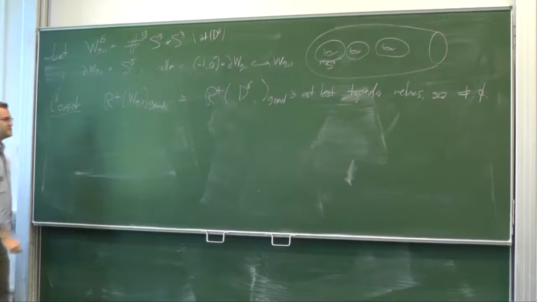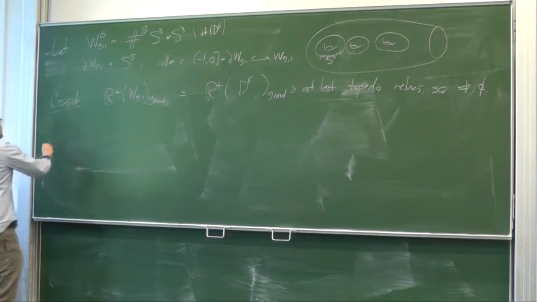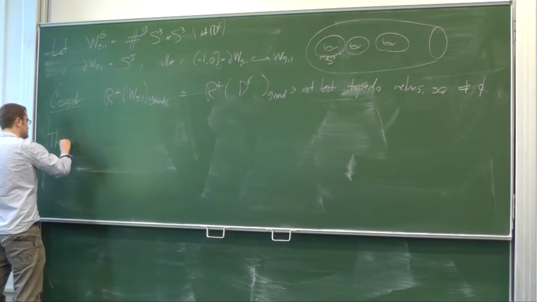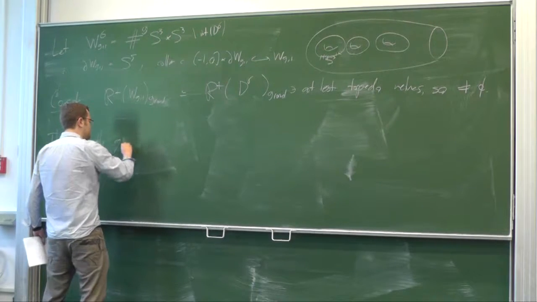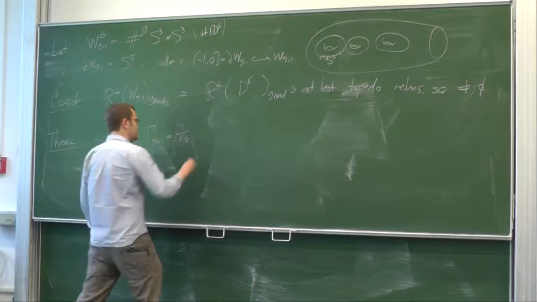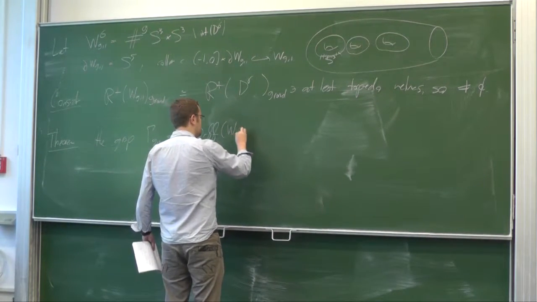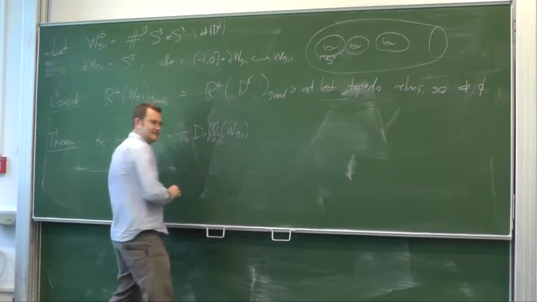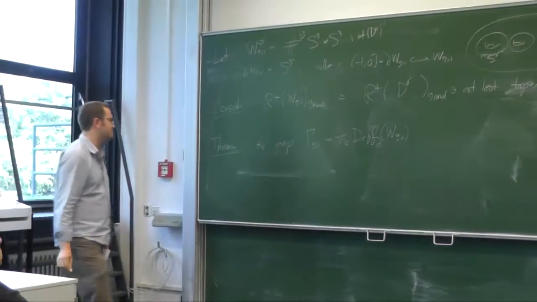And here's the first, probably the main, very surprising input from my theorem. The group, which I call Γ_{g,1}, the mapping class group of these manifolds, is π_0 of the group of diffeomorphisms of W_{g,1} that fix a little neighborhood of the boundary, just like when I was introducing it in the first lecture.